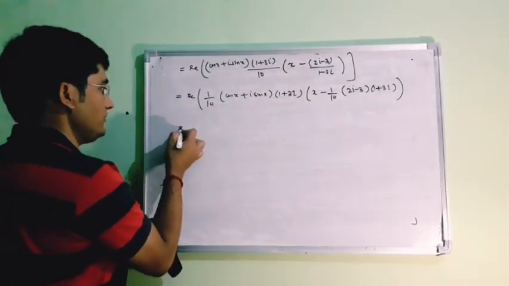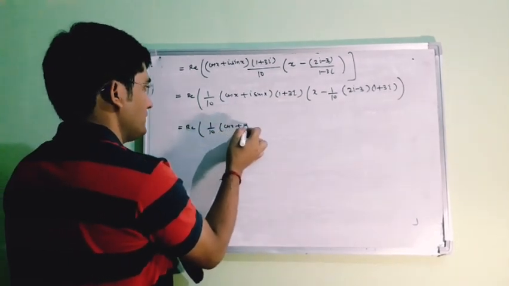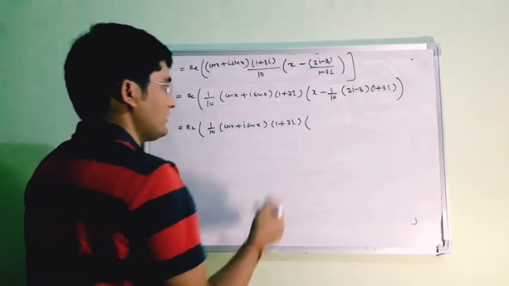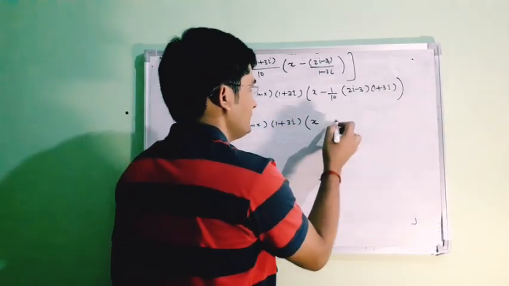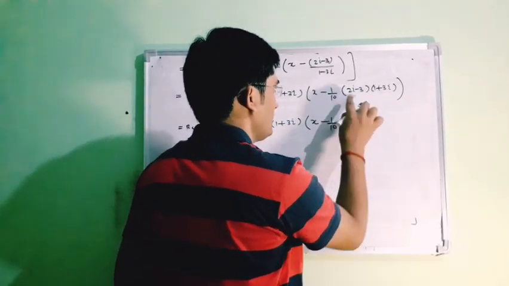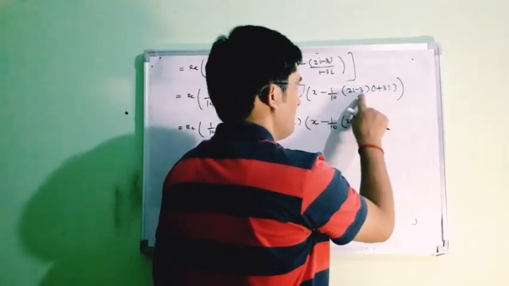So this is equal to the real part of 1 by 10 (cos x plus i sin x)(1 plus 3i), then in the bracket we have x. Now this will be minus 1 by 10 times 2i, then we will have minus 9i.